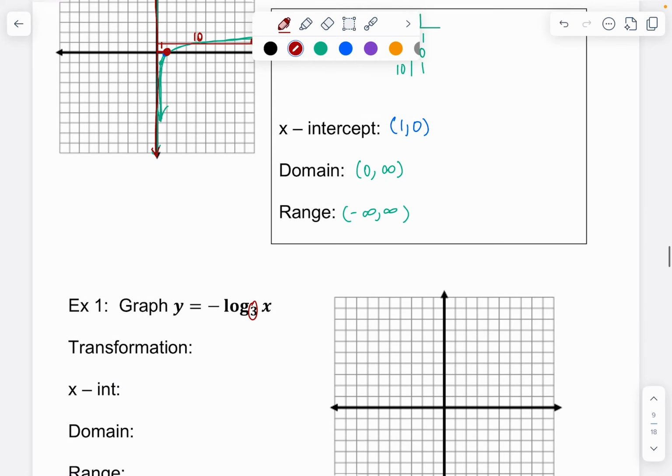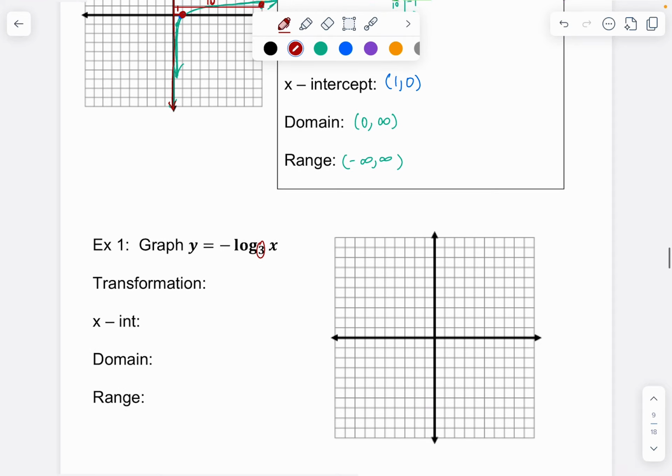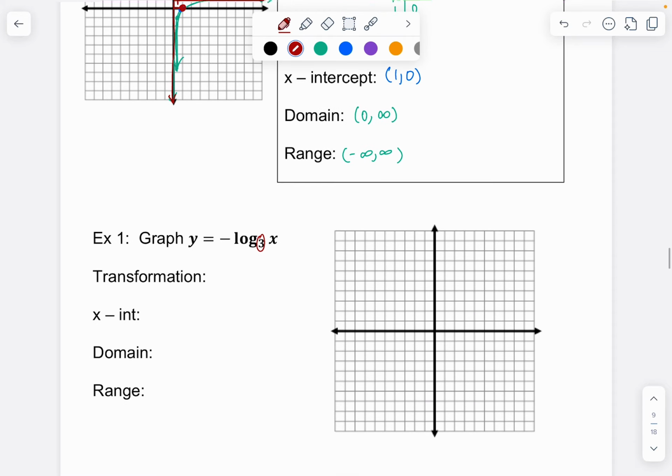And so if I'm going to graph the parent function of log base 3, I'm going to graph it in green. So log base 3 of x is going to have a vertical asymptote at 0. And then the x-intercept is going to be 1 away.